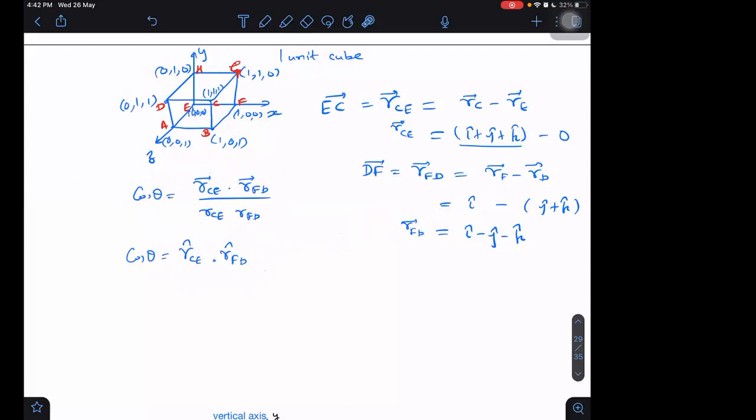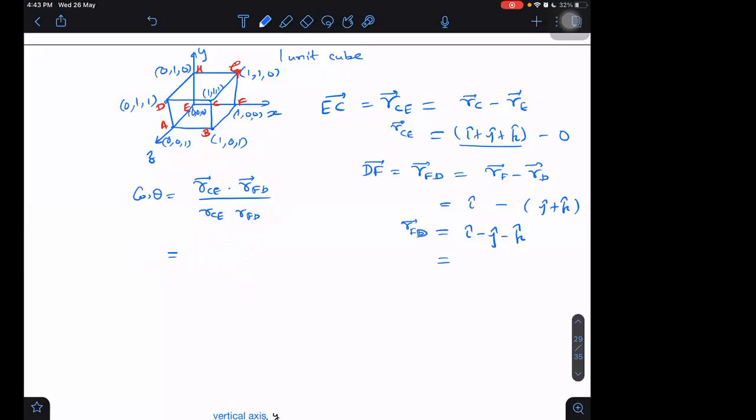But you observe, if I take this with this, then it will become RCE cap. And similarly, this will become RFD cap. So what is RFD cap? This way only we can do.